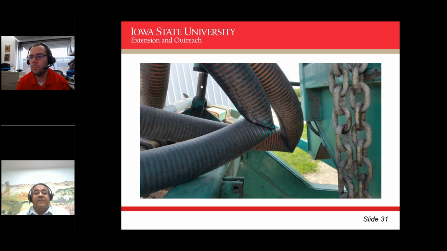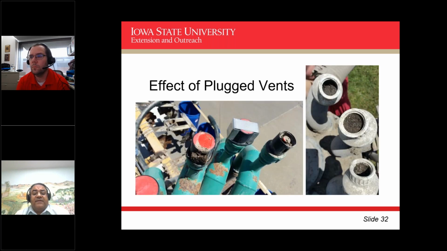Another thing that we found out during our testing was vents that get plugged up with manure. Majority of these manifolds, on the outlets, you will see that there are vents to allow for pressure equalization.